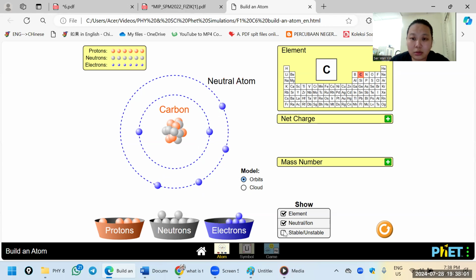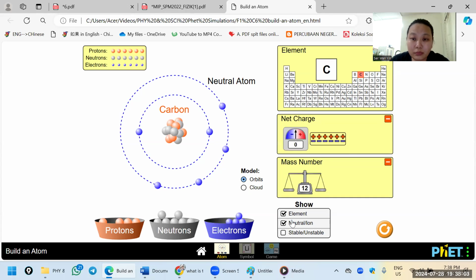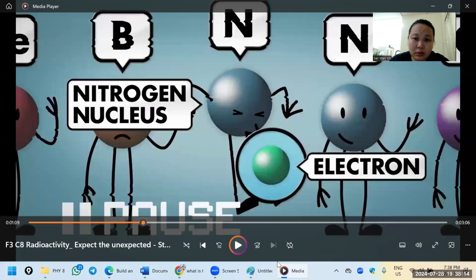Okay, so now it's a stable carbon. So actually the carbon just now in this video, why does carbon emit an electron and become nitrogen?